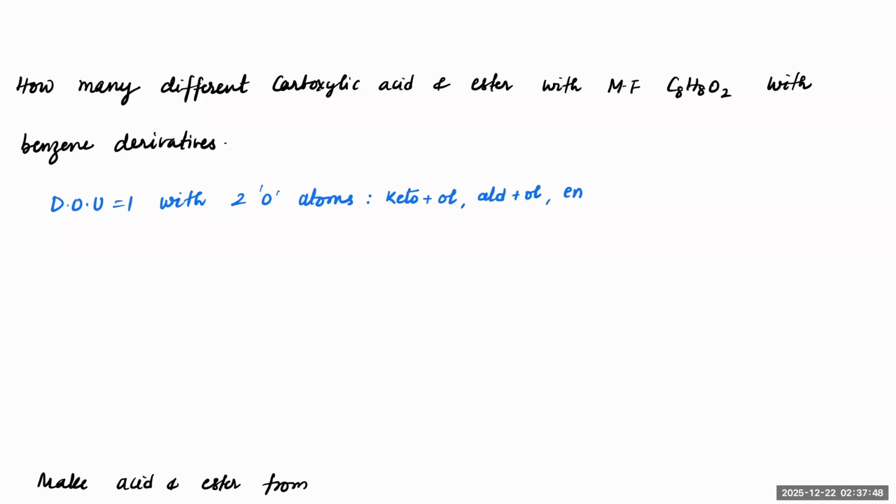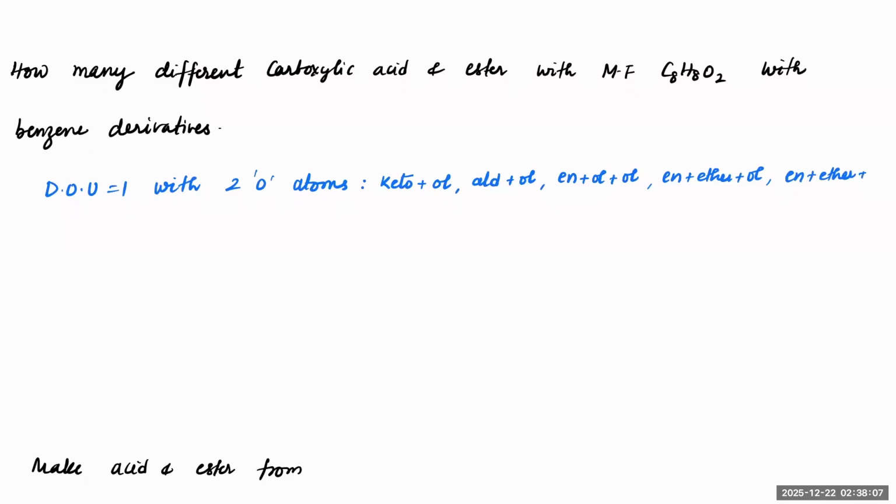Or then we have ene plus ol. There are two alcohols, one ene. Or I can have ene plus ether plus alcohol, or ene plus ether, ether plus ether. Correct? And another possibility is simply carboxylic acid. You can have one carboxylic acid part or ethers.